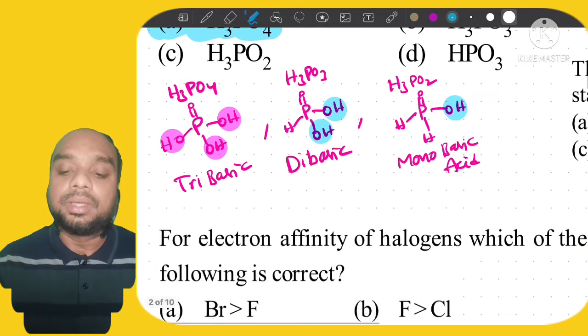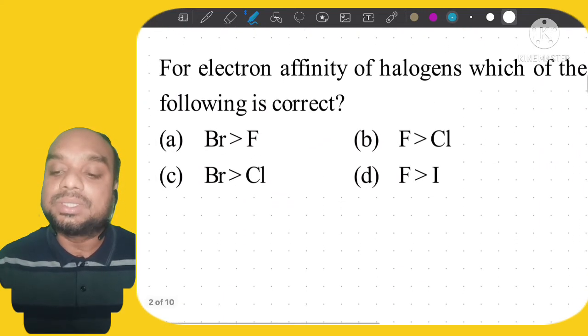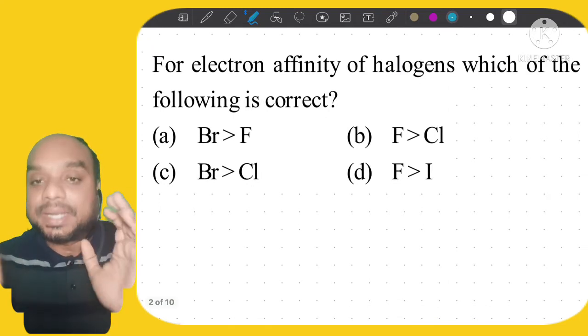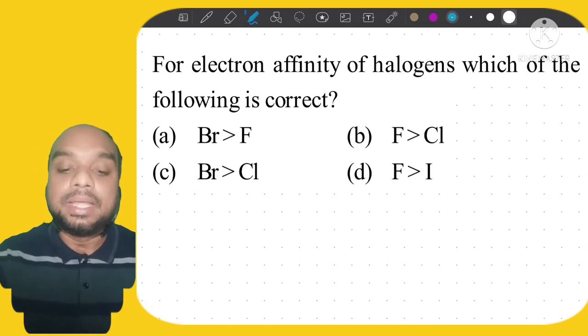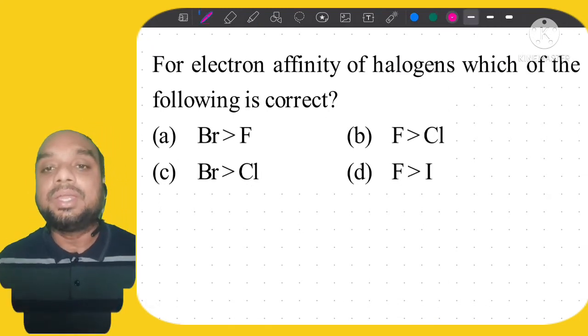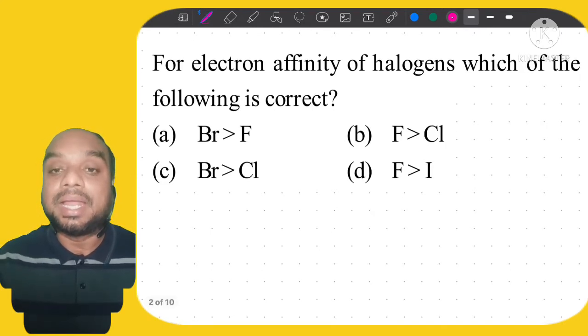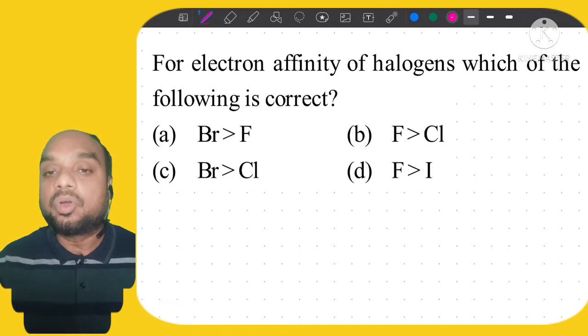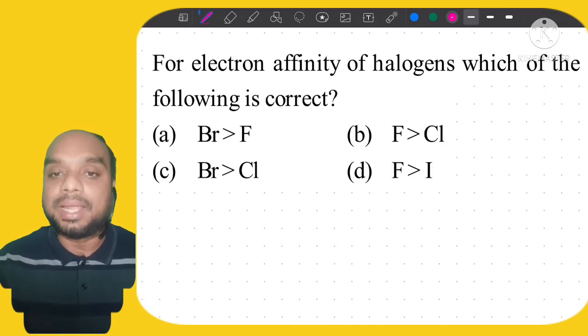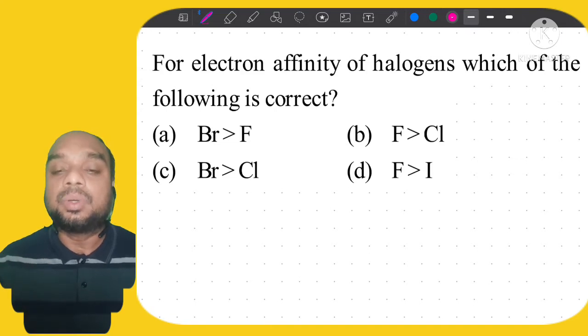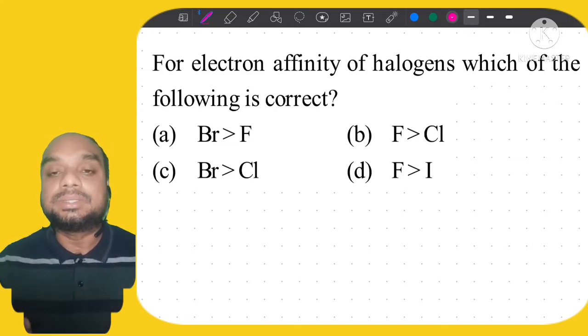Next question. Electron affinity of halogens, which of the following is correct? Electron affinity means the amount of energy released when an electron is added to the outermost shell of an isolated neutral gaseous atom. Here one exception case is there: in every group, the second element has higher electron affinity than the first element.